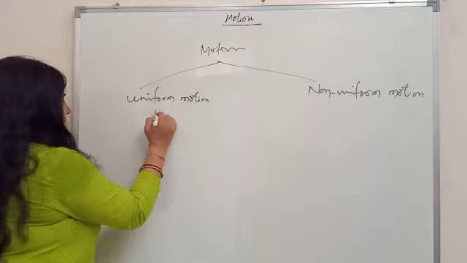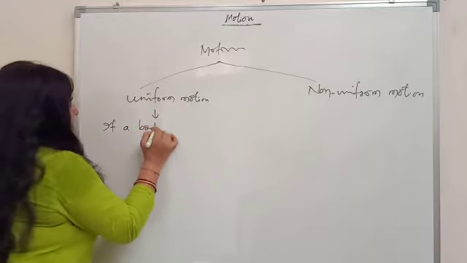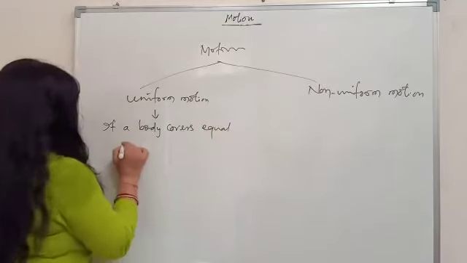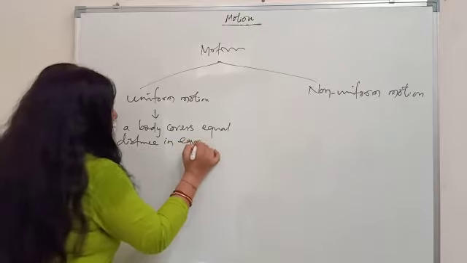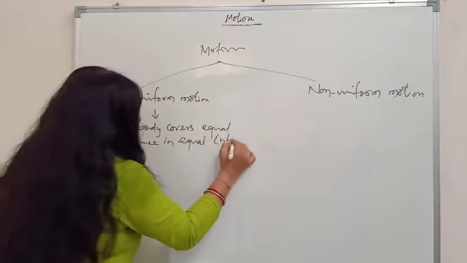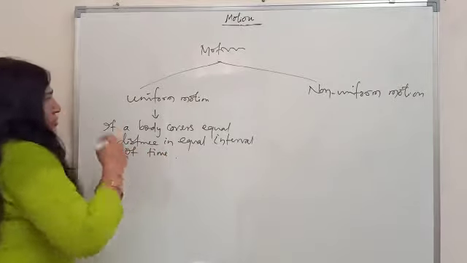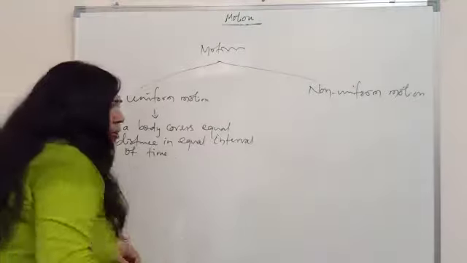The definition says, if a body covers equal distance in equal intervals of time, then its motion is termed uniform motion. So this is all about the definition.